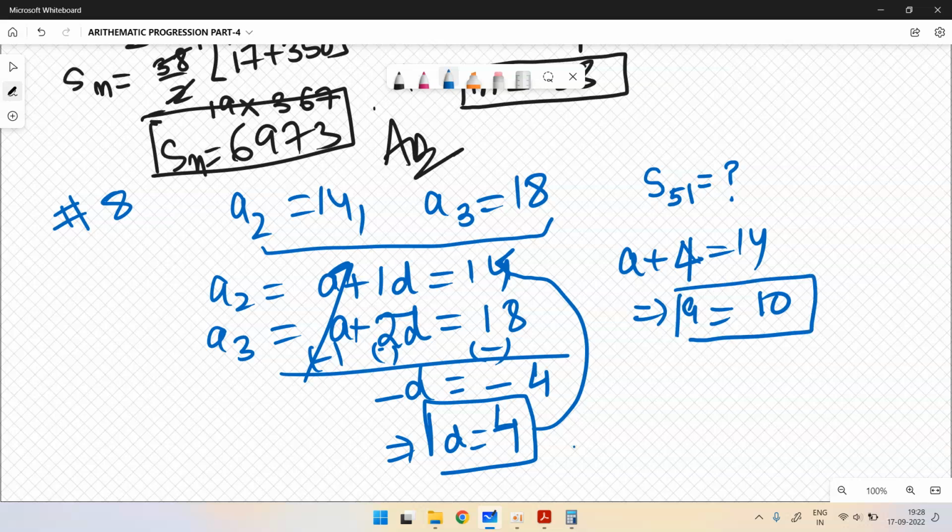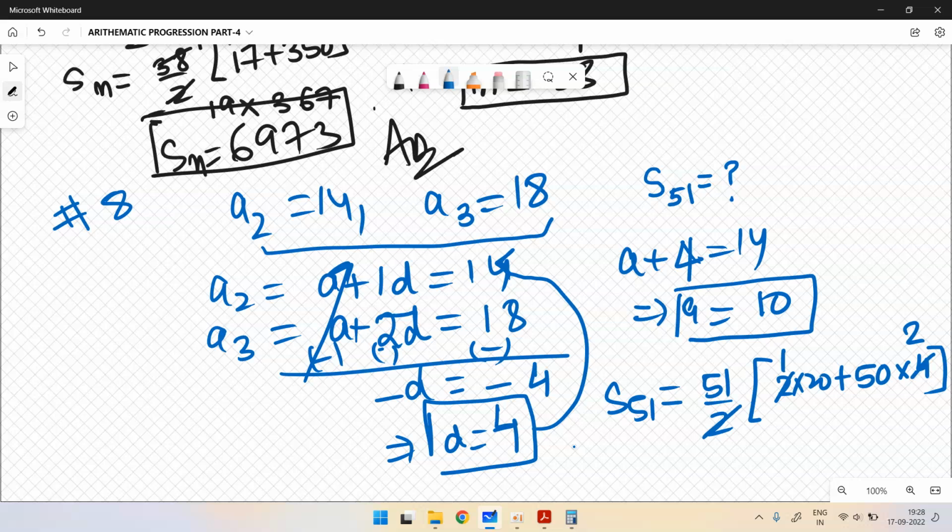So S of 51 is nothing but n by 2 into 2A plus 50D, since 51 minus 1 is 50, into D. D is 4, so 2A plus 50D is 20 plus 200, which is 220.